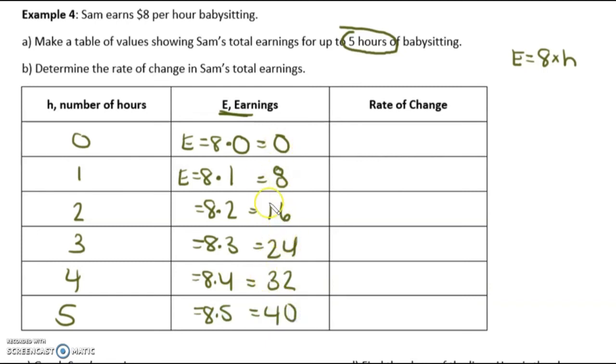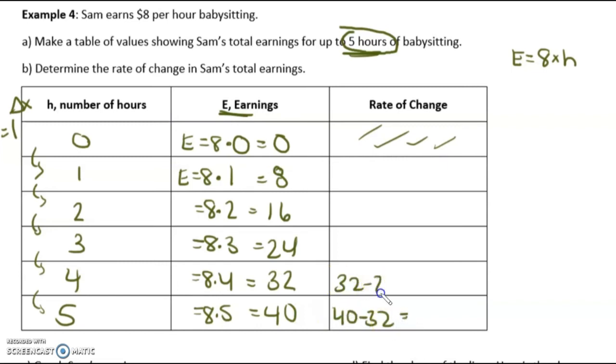Okay, if we're thinking about the rate of change, we're thinking about the difference in the x's, which we already said, delta x equals, we already stated that these go up by ones, right? We just said, okay, let's go up by ones, starting at 0, and let's work our way up to 5. Okay, so the change in x is 1. Now the rate of change here, we're going to go 40 minus 32, 32 minus 24, 24 minus 16, 16 minus 8, 8 minus 0.